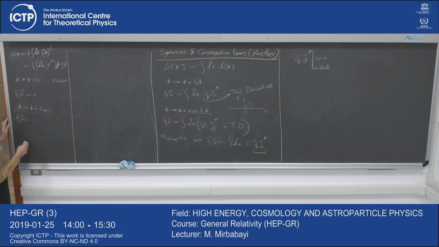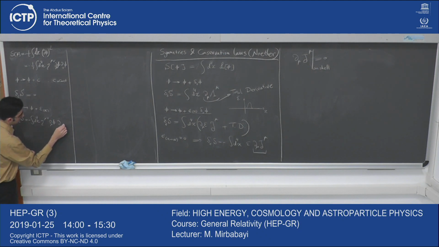Linear order in epsilon. So what do we get? I have to plug it in these two terms, these two phi's, and linearize, so I get a factor of 2, which cancels 1/2. So I get minus the integral d4x eta mu nu d mu phi d nu epsilon.